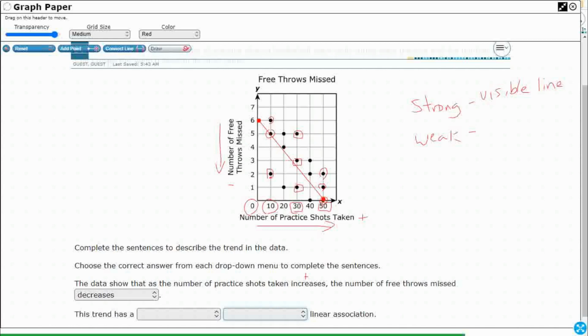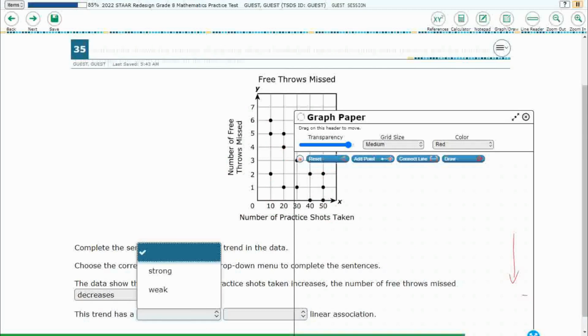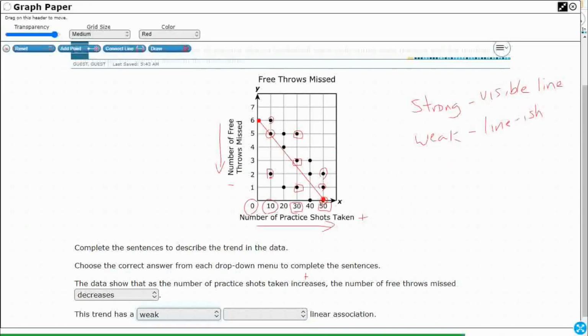And then this weak correlation is going to be, I'm going to call it line-ish. This is kind of an ish line. It's not a real line. You could tell it's kind of moving down, but it is not a strong line. You've got stuff that's kind of floating all over the place here. So we can at least tell the direction, but it's definitely a weak trend line.